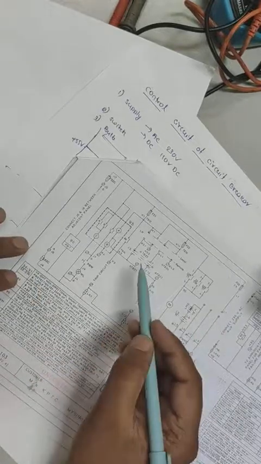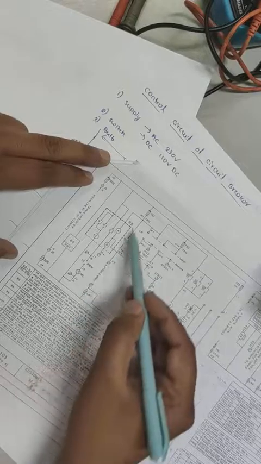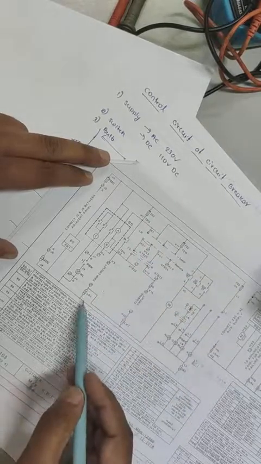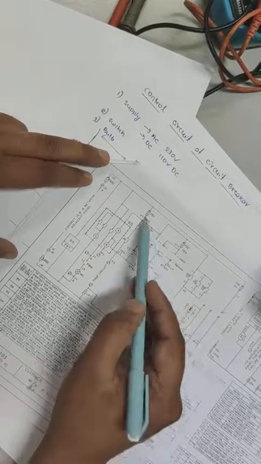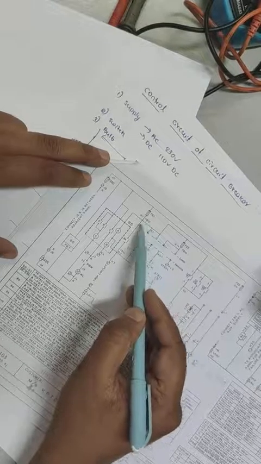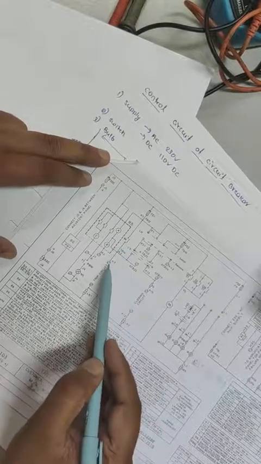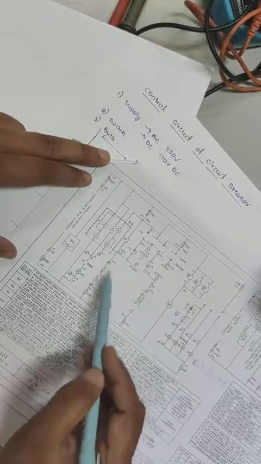So we will be concentrating only on this trip circuit. After FS1, K means control DC. The voltage here goes to the master trip relay, and then K3, and then this is the trip circuit.